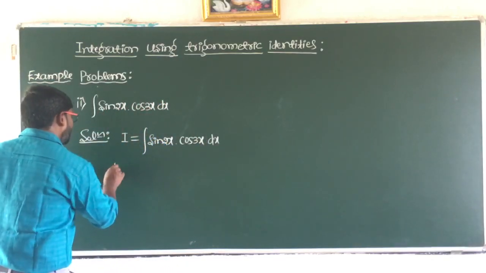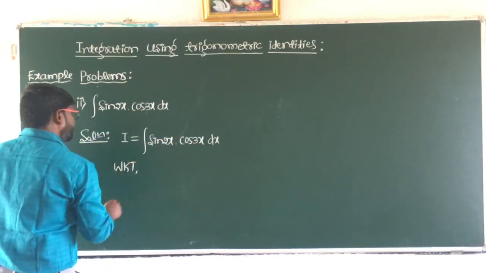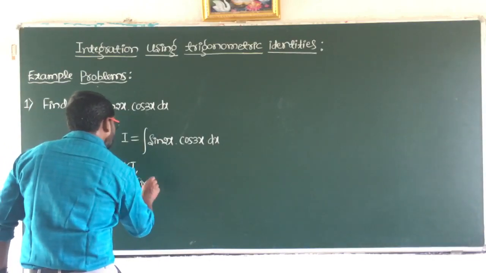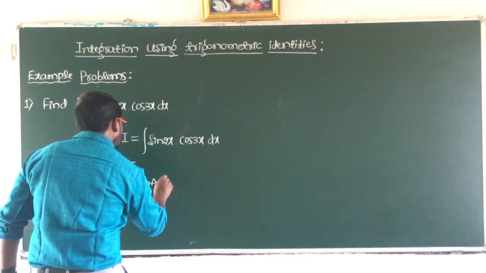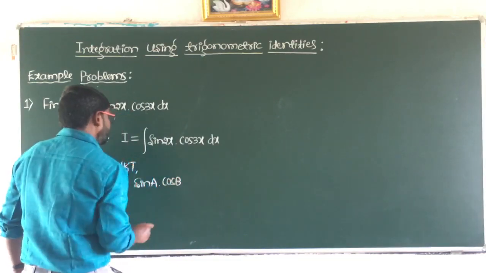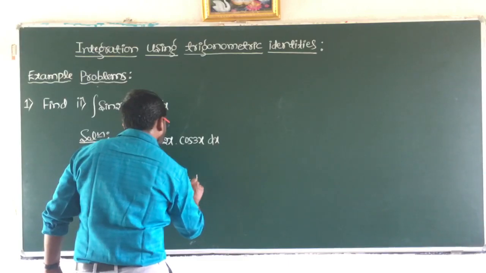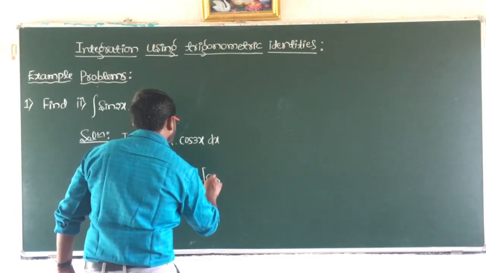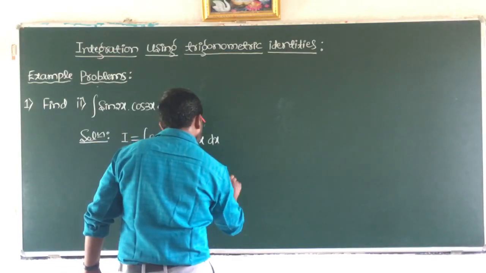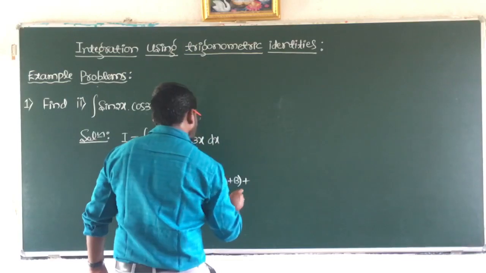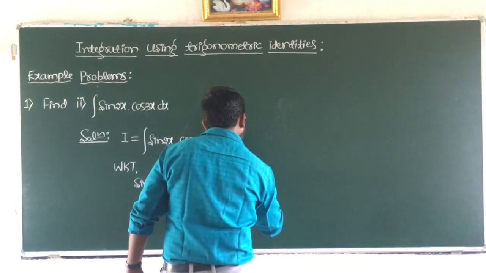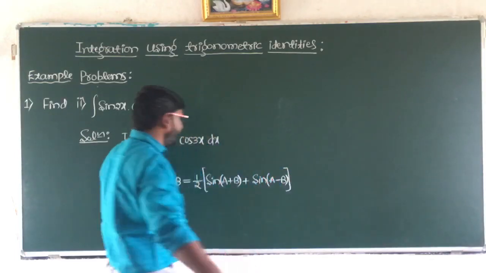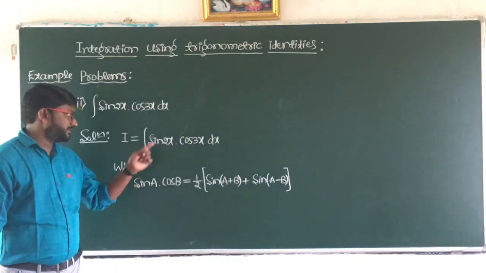We know that sin a cos b is equal to 1 by 2 into sin of a plus b plus sin of a minus b. So we have to make use of this particular formula for this integral.